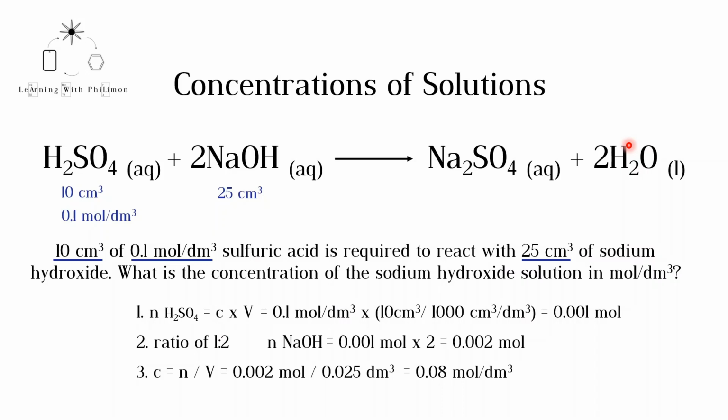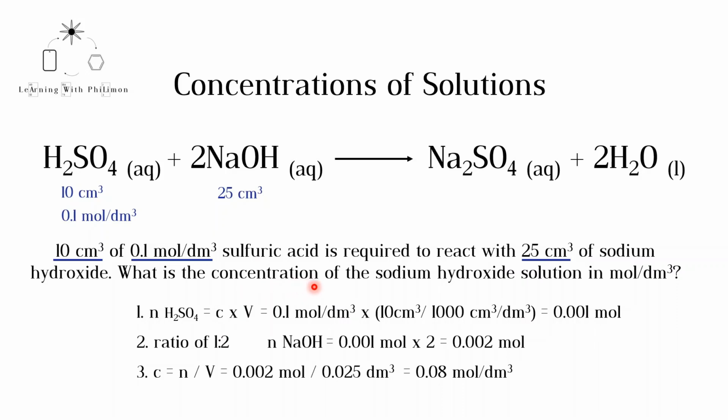Stoichiometry questions usually involve 3 steps. For a recap on this method, please watch the video Masses from Equations. In the question, we are given the volume and the concentration of sulfuric acid. We can calculate the moles of sulfuric acid by rearranging the equation we saw previously to n is equal to C multiplied by V. Substituting in the values, we get the following calculation.